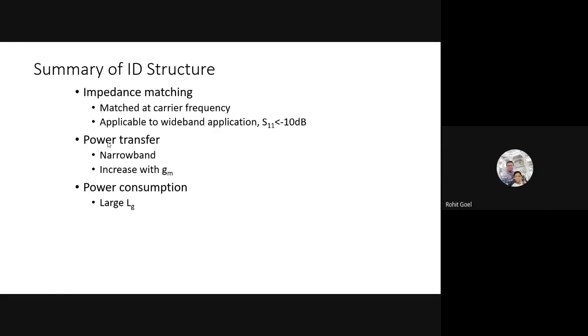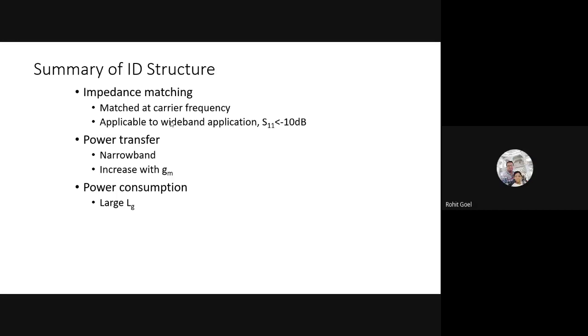Either we will have to apply some other input filter circuit like a T type. This power transfer will be narrow band. I am talking about higher frequency applications, like 5 gigahertz or 10 gigahertz.